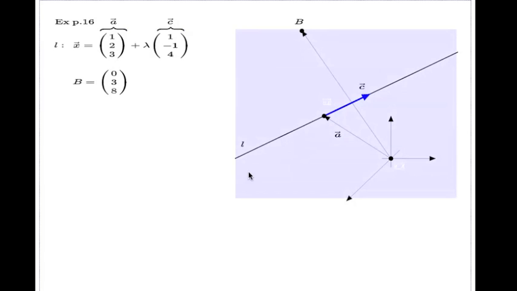This is the C vector, which is the direction vector of my line. I also call little b the position vector of the point B. So it's this vector which goes from the origin to the point B, this long one.